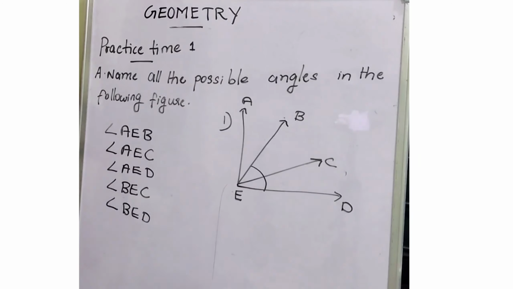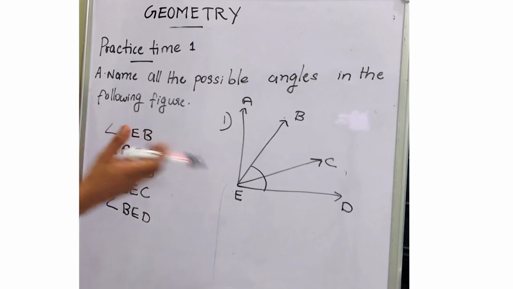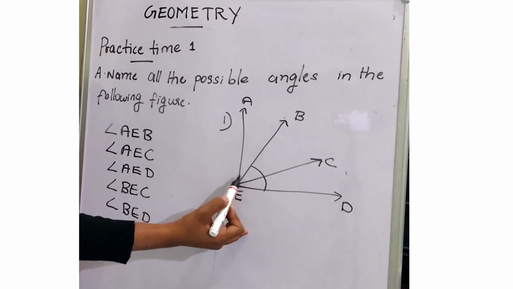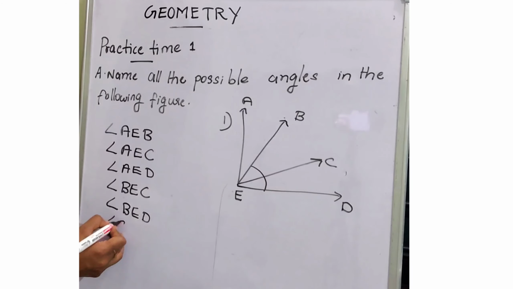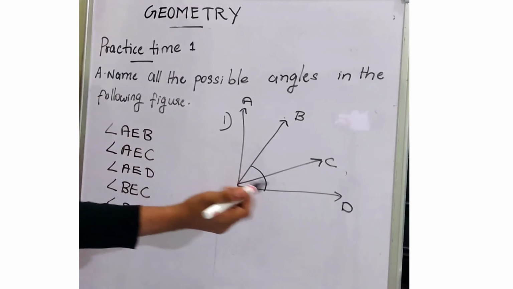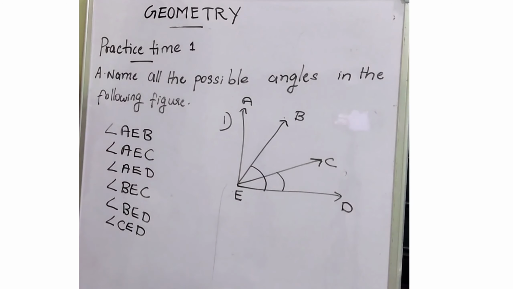Next, by using this ray, how can you make angle CED, isn't it? This is angle CED. So these are the angles present in this figure. Have you all understood how to name an angle? So this is the answer for the first question. Now like this you can do the remaining questions also.